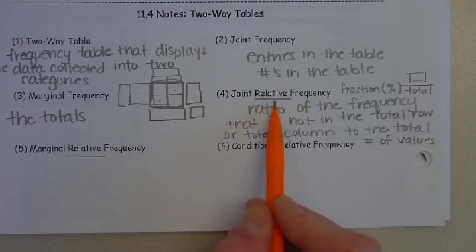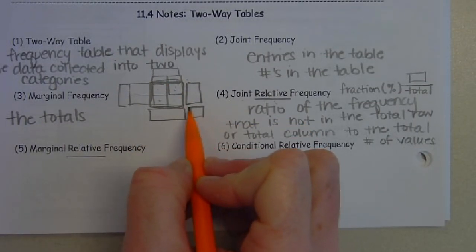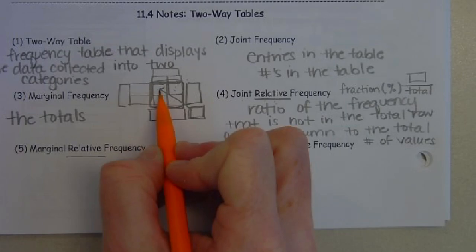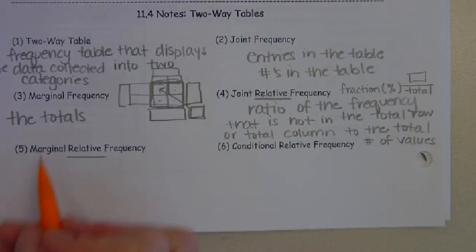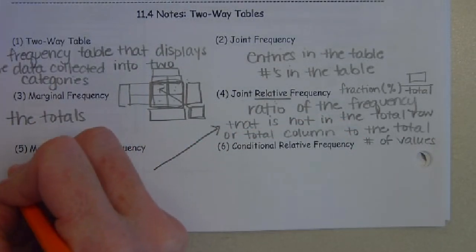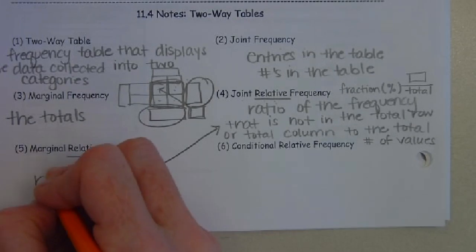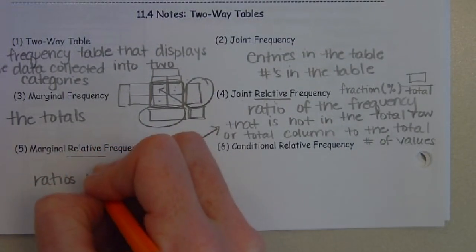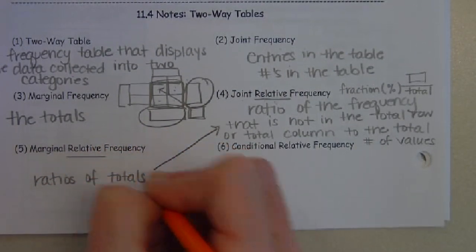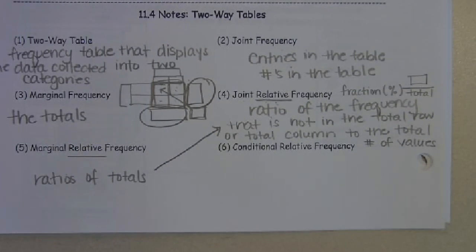So your joint relative frequency takes this number and divides it by the total, and that's what goes inside there. Your marginal relative frequency is the same definition, but it's the ratios of the totals. Now, if that makes no sense to you right now, that is okay. I promise I will explain it when we do an example.